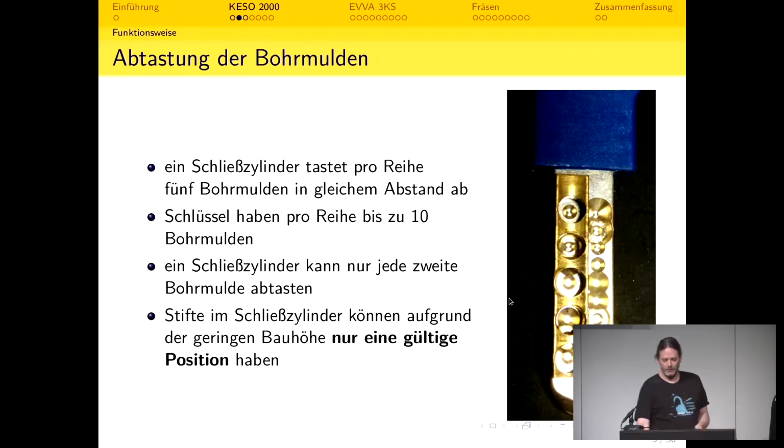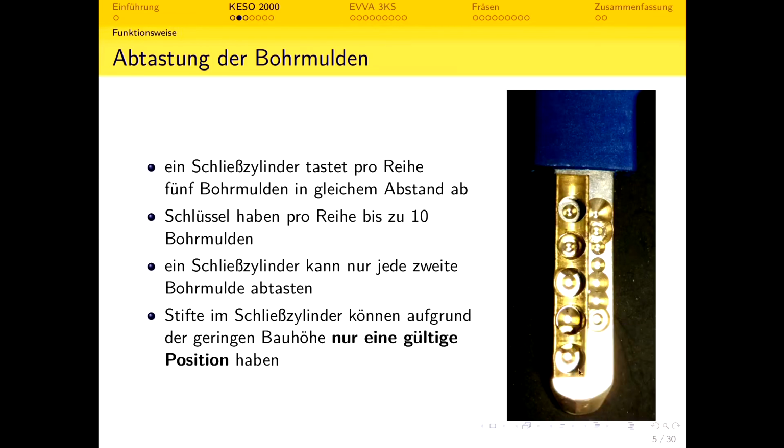What you do with this system is, here you see the element on the side, and you see where the pins fit in. So a locking cylinder will check 5 of these dimple pins, these drilled recesses.